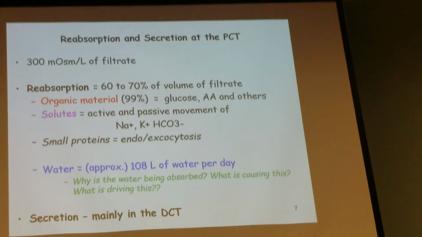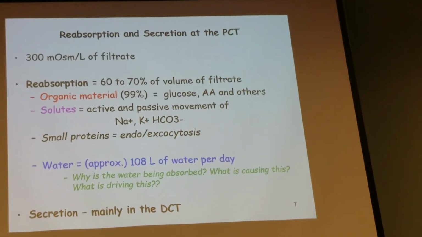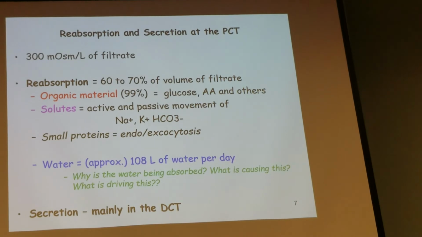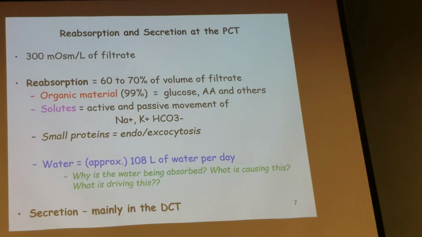The interesting thing is when you do all this reabsorbing and all this water following, you're not going to change the osmolarity of the filtrate. It stays the same because we're absorbing both water and solutes. All we're doing is lowering the volume. We're not actually changing the overall concentration of it.